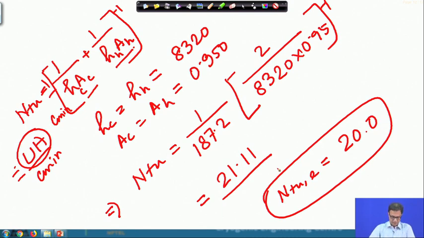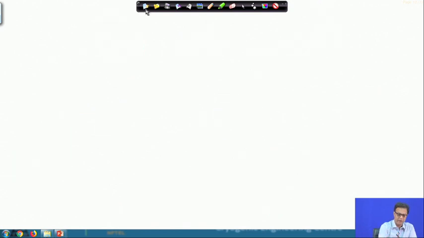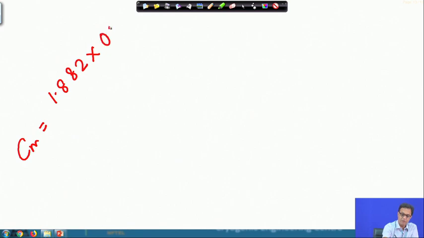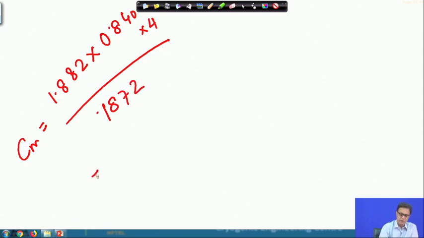Okay. And then we also need, as we have said, the matrix capacity rate ratio Cm, that is equals to 1.882 multiplied by 0.840, and that is the total time for, and then you have to divide it by 0.1872. So, then this will come out to be 2.111.